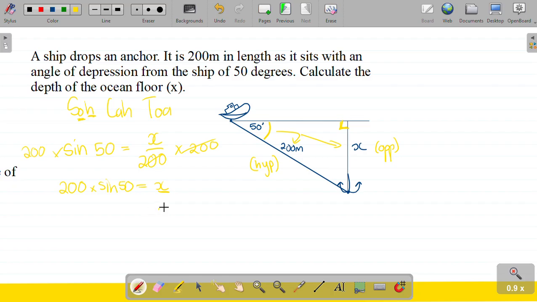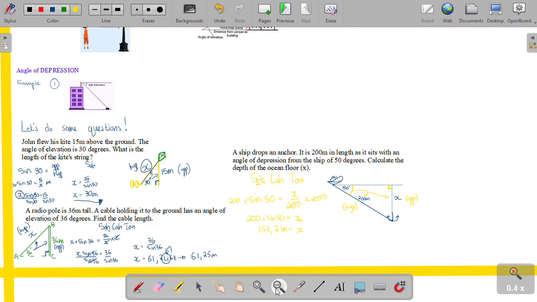So if you put that in the calculator, we are going to get 153. And let's pretend the question said round off to 2 decimal places. I'll just round it off. So it would be 153,21 meters.